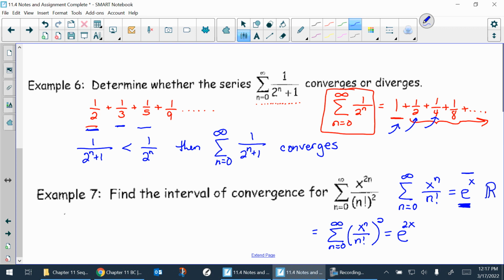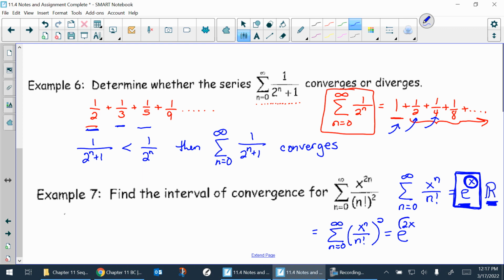So if e to the x has an interval of convergence, it doesn't matter what the variable exponent is.